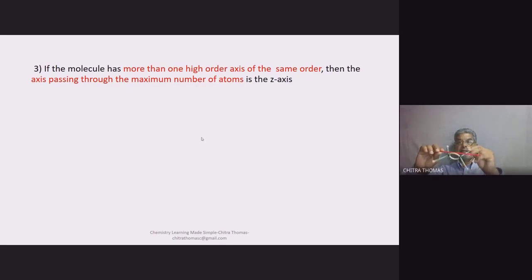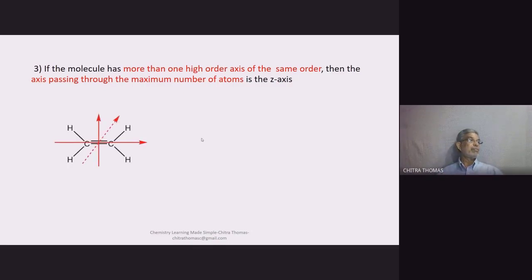What is the order of this? This is a C2 axis, right? Then this is another C2 axis. It can rotate like this. Then there is yet another axis. This is a third C2 axis. So in the ethylene molecule, there are three C2 axes. This is one, this is a second, this is a third. And these three C2 axes are represented in this diagram.